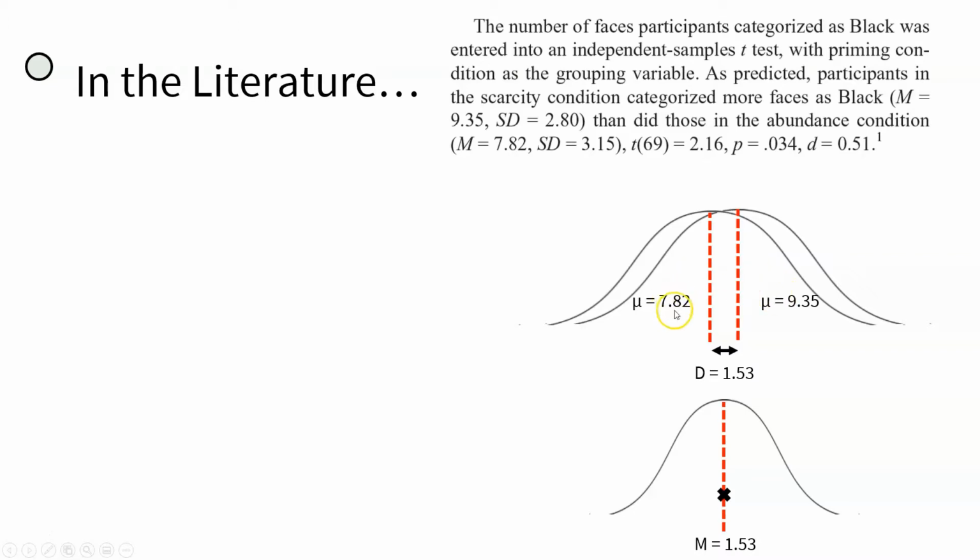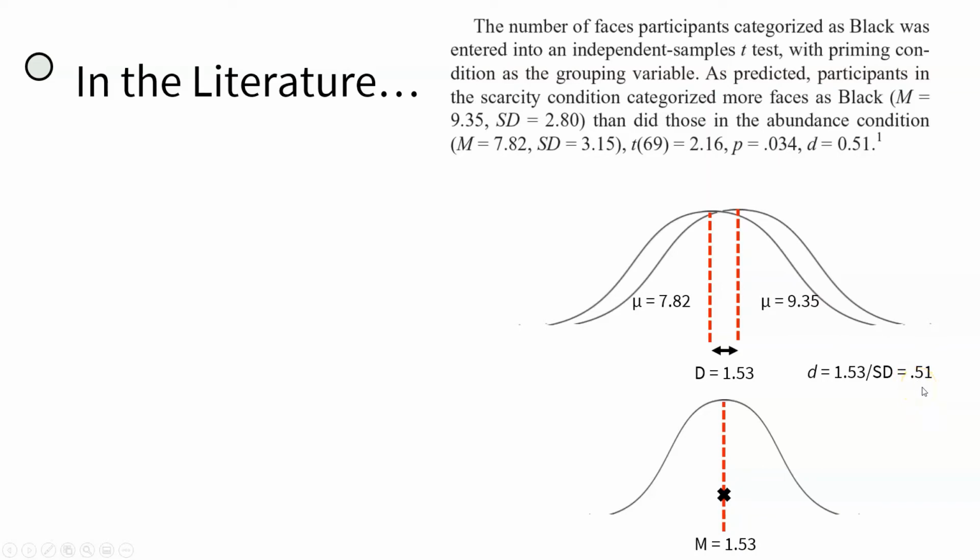If you take the difference between them, that 1.53, and you divide it by the standard deviation that you're finding here in your populations, then what you're left with is that distance right there, 1.53, divided by your standard deviation of the populations, and you get 0.51. And we interpret this number to mean that the distance between these two groups is about 0.51 standard deviations, or about a half a standard deviation apart. That's a moderate size of Cohen's d.